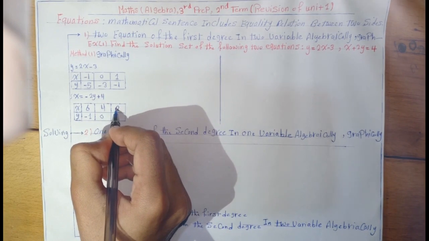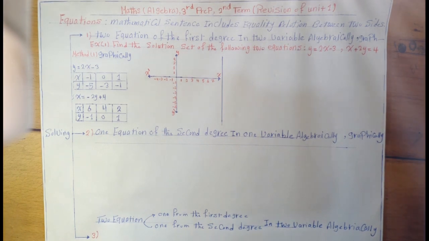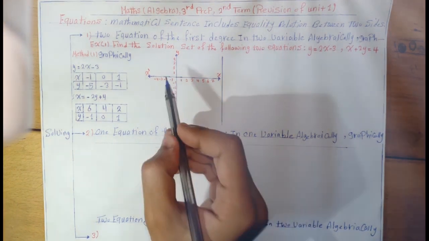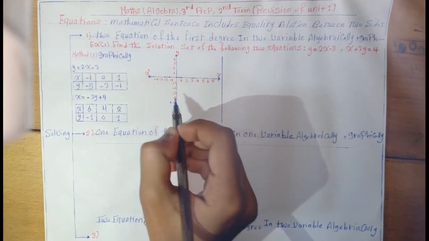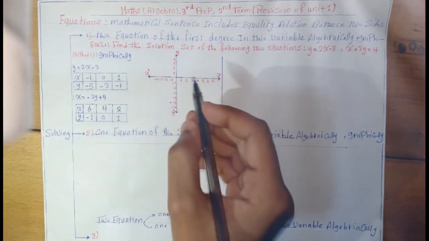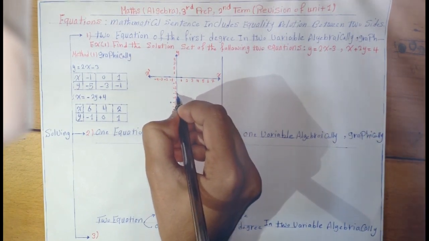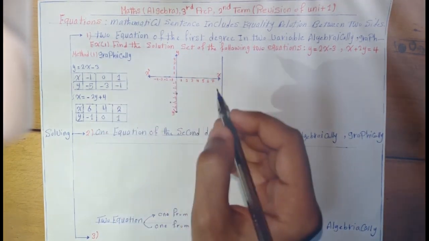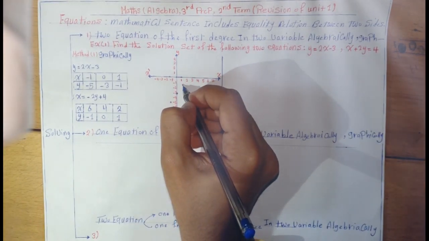Okay, now we will represent these as points on the coordinate plane. -1, -5. 0, -3. And 1, -1.